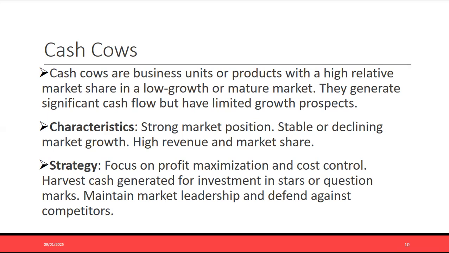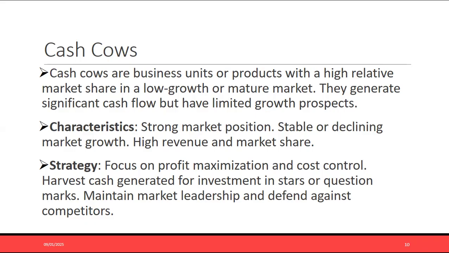Okay, so once the growth rate declines, then it now moves from being a star to a cash cow. So for such a product or for such a business unit, what it means is that it has got to a level where it generates significant cash flows, but prospects for the future is very limited.